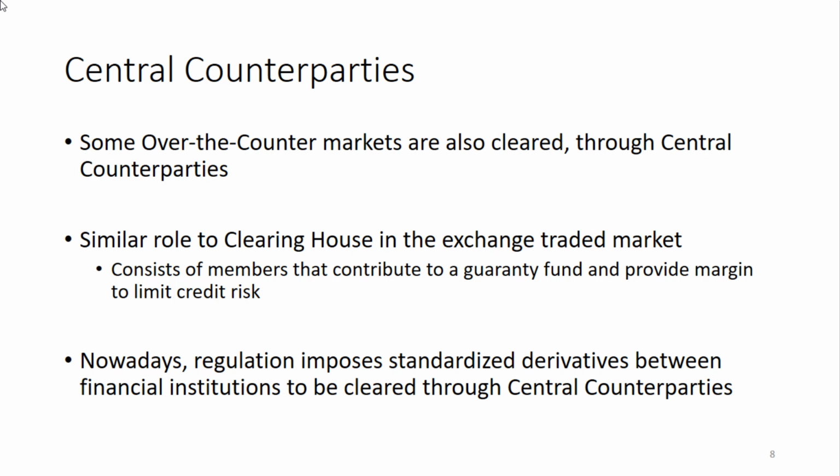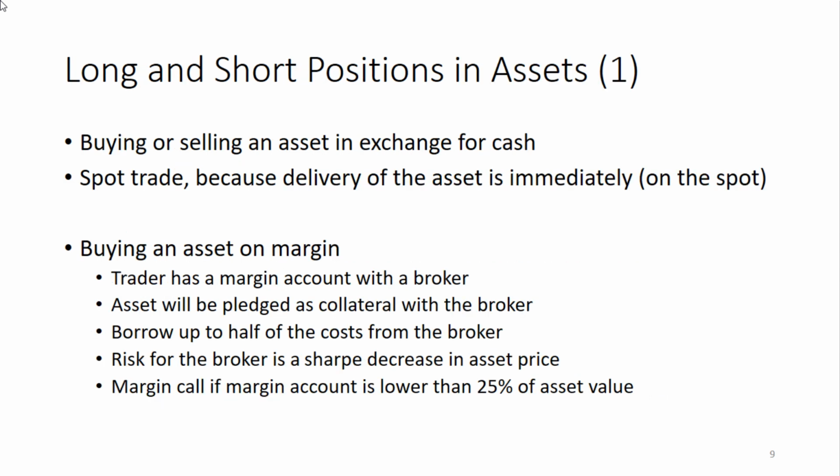In the over-the-counter market, we call it central counterparties. In the exchange-traded market, we call it a clearinghouse. And we see that regulators, for example, already impose that standardized derivative securities between financial institutions are cleared through a central counterparty.